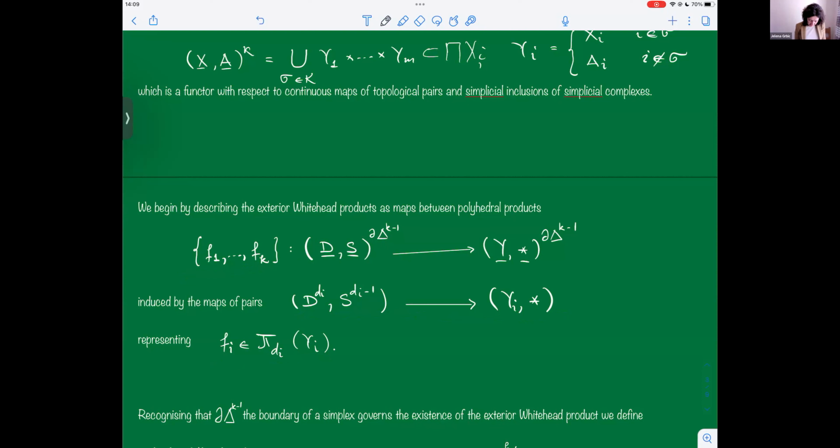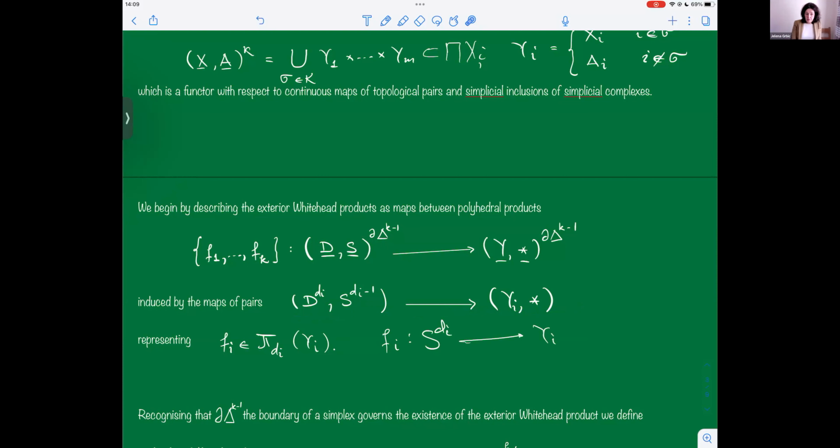I'm identifying here a class with a map itself. So F_i would be a map from D_i sphere into Y_i. And if you want to write that in relative terms, we can represent it as a map between a disk relative to its circle into Y_i relative to its point.